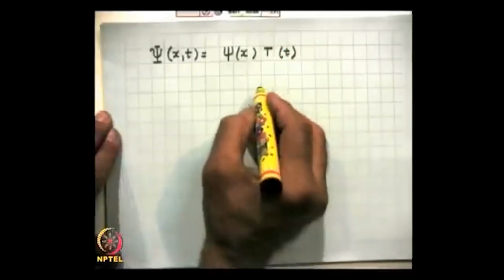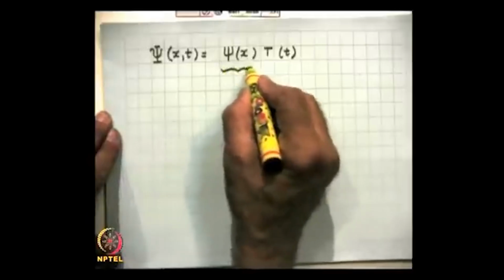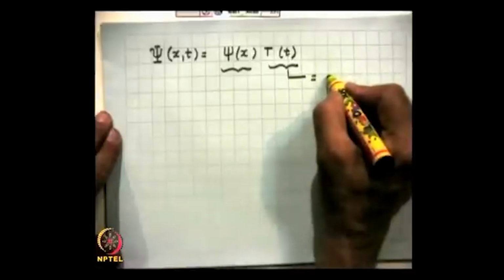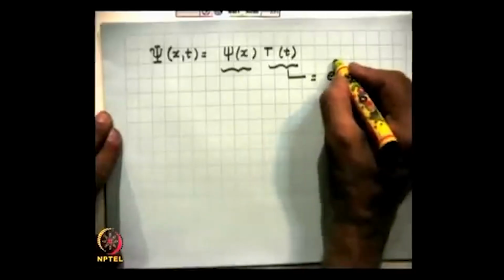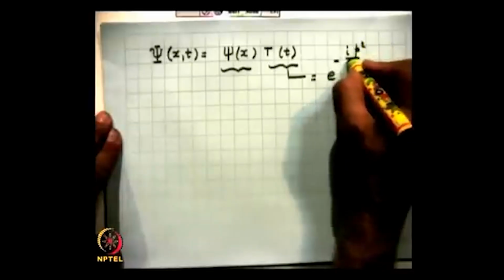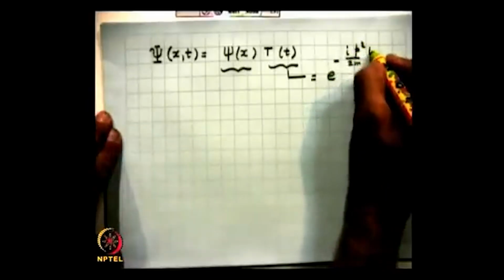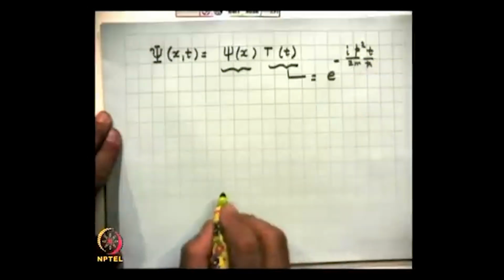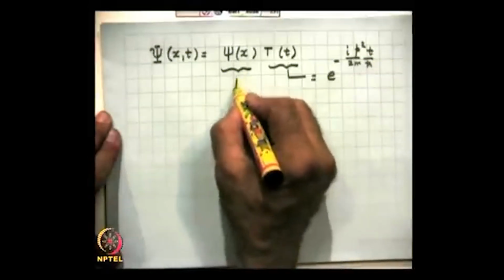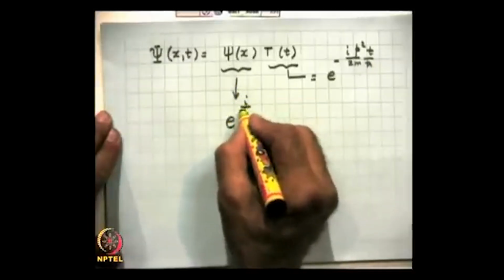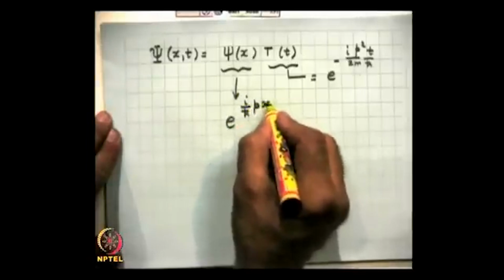And then we found that T of t was equal to constant e to the power of minus i p square by 2m t by h cross, i.e. minus i E t by h cross, and psi of x was equal to e to the power of i by h cross p x.